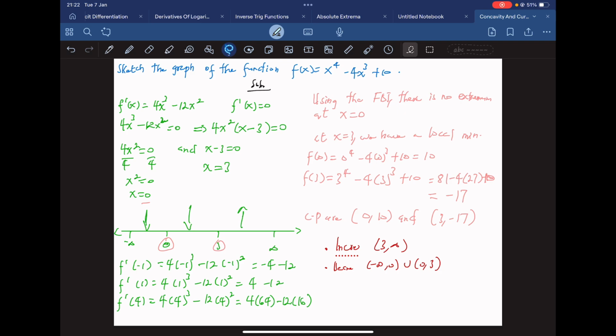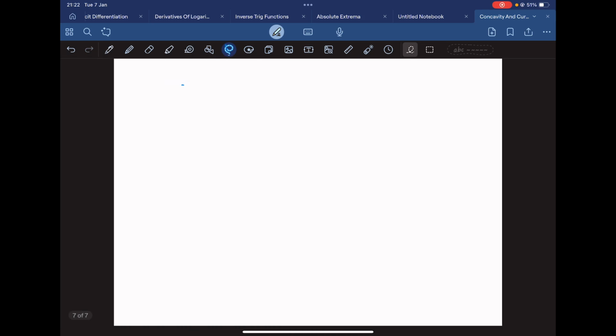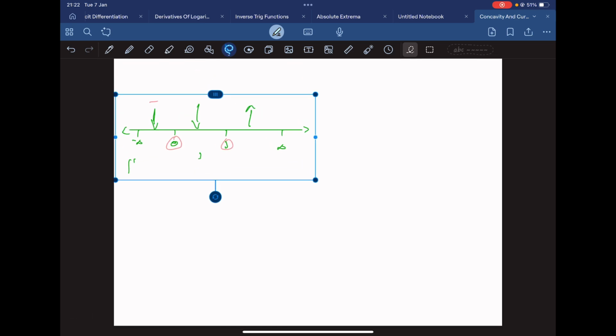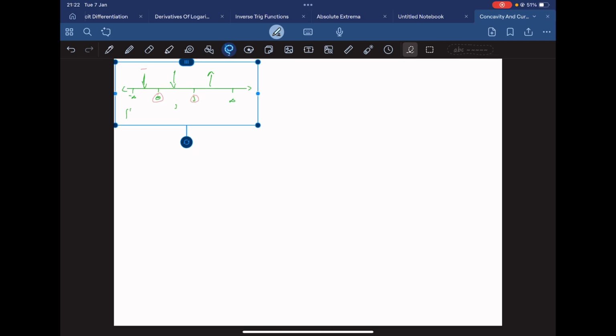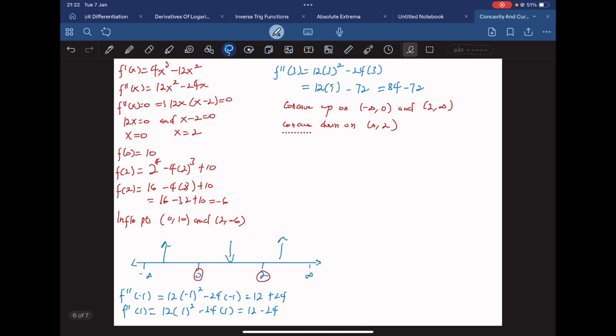In sketching the general shape of the graph, we are going to need these two number lines. Let me have this here. And we're also going to need this.